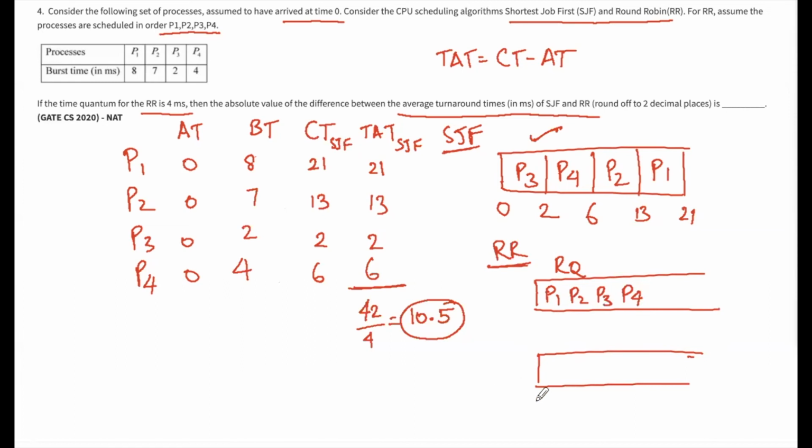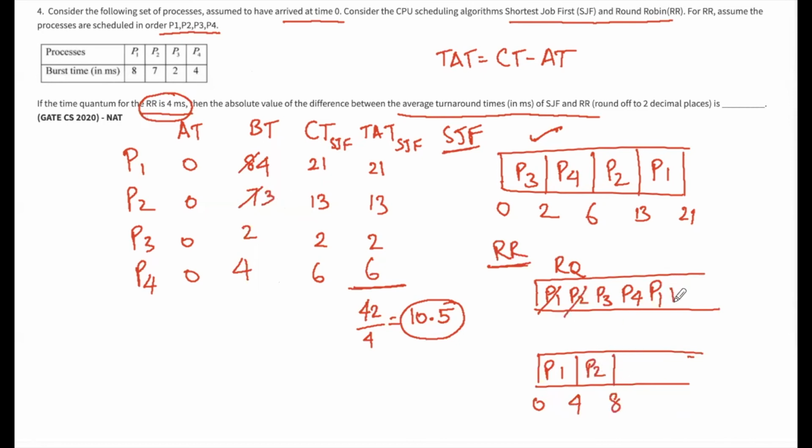Fine. So initially, I schedule P1. So what is the time quantum they have given? The time quantum is 4 milliseconds, right? So I'll schedule 4 milliseconds for it. So again, it's not 0, I'll append it at the end of the ready queue. Then for P2, again, I'll schedule 4 milliseconds.